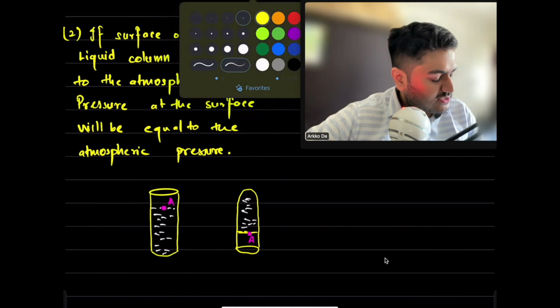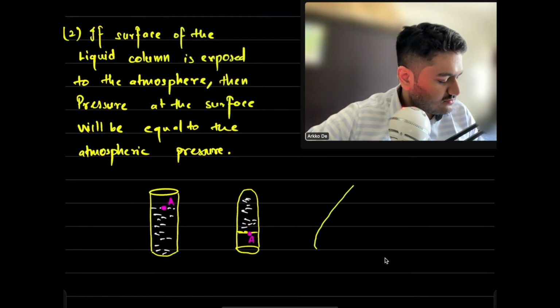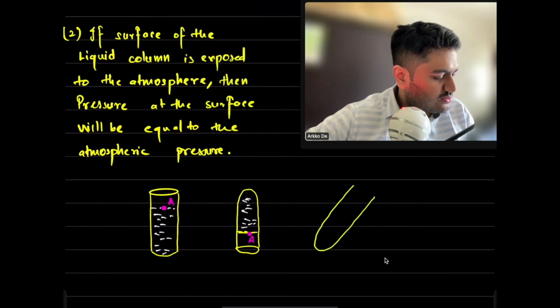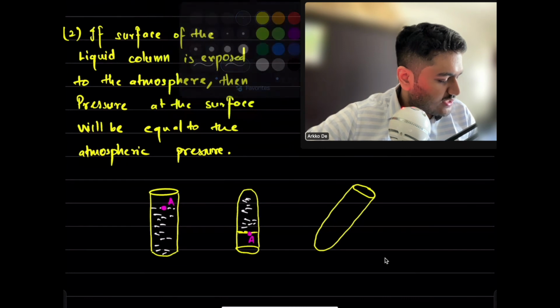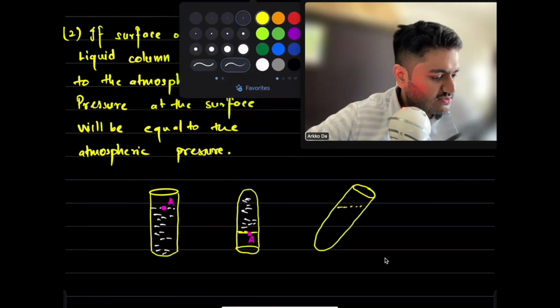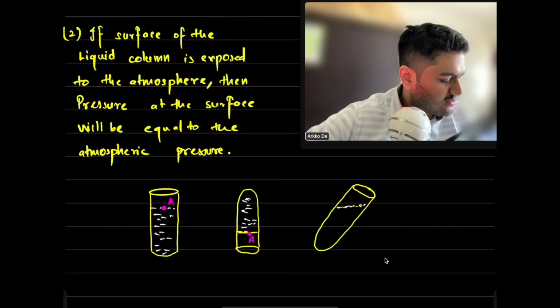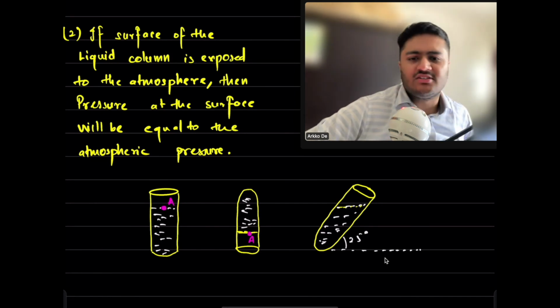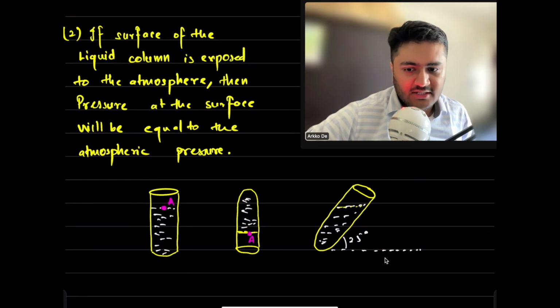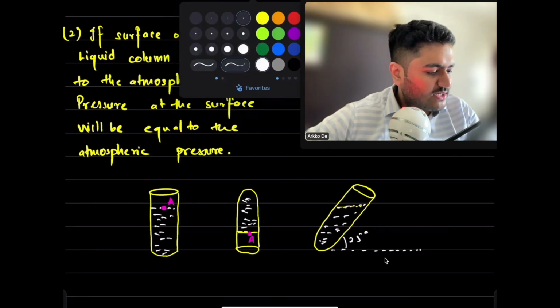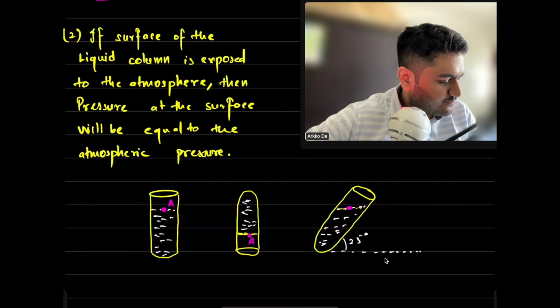Let's take another example of a test tube which is a little slanted, and this is also filled with the same liquid, which has been inclined at an angle of 25 degrees from the imaginary horizontal line. So for this also I need to find out the pressure at point A.